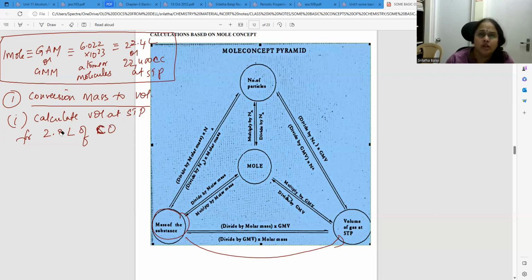I asked you volume, no? Volume to mass. Calculate the volume of 2.8 grams of carbon monoxide at STP.